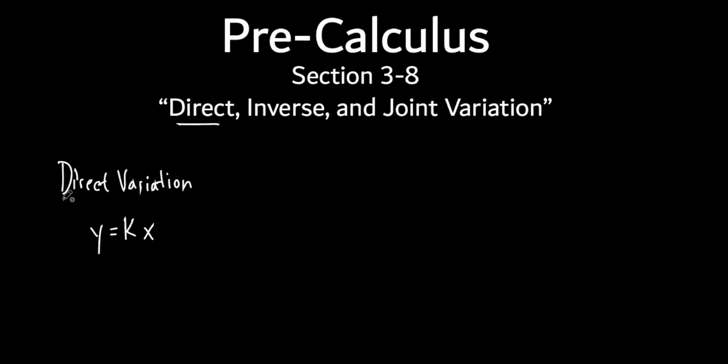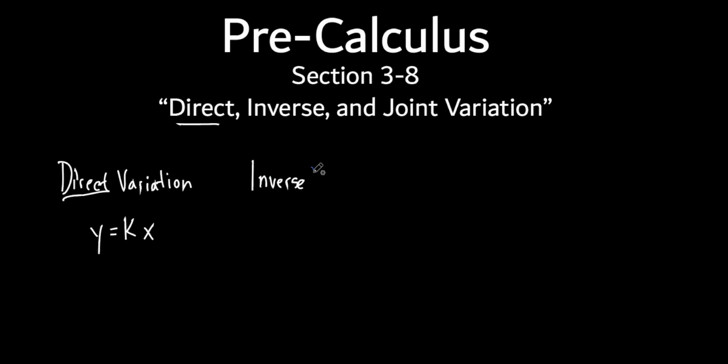So that's direct variation. Now the inverse, or if it varies inversely, you'll see that in these problems where it says y varies inversely with x. So if you see that inverse phrase, or inversely, just put inverse, okay?